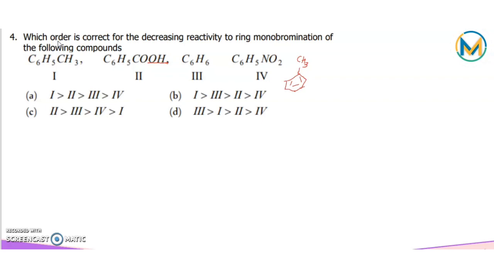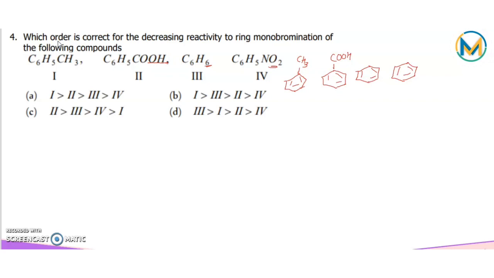Next, that is C6H5COOH. So it's benzoic acid. Next, C6H6. It's simple benzene. And the fourth, C6H5NO2. That is a nitro group, or you can say nitrobenzene.